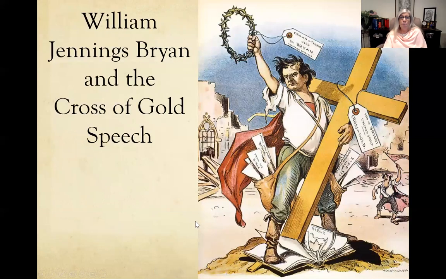We're going to be looking at this speech more closely in class. In this campaign, William Jennings Bryan gives one of the more famous speeches in campaign history, and we call it the Cross of Gold speech. And he's talking about William McKinley and the idea of the gold standard, and he's going to be using these religious images in his speech.